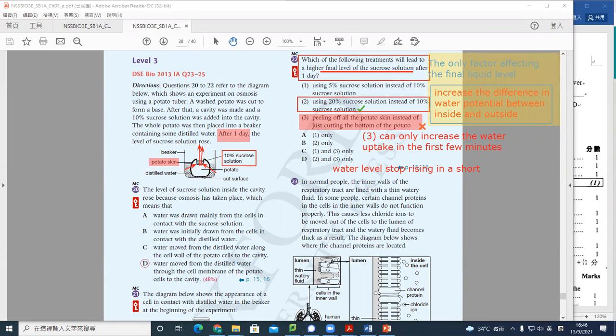Okay, the only factor affecting the final liquid level is the ultimate difference in water potential between inside and outside.